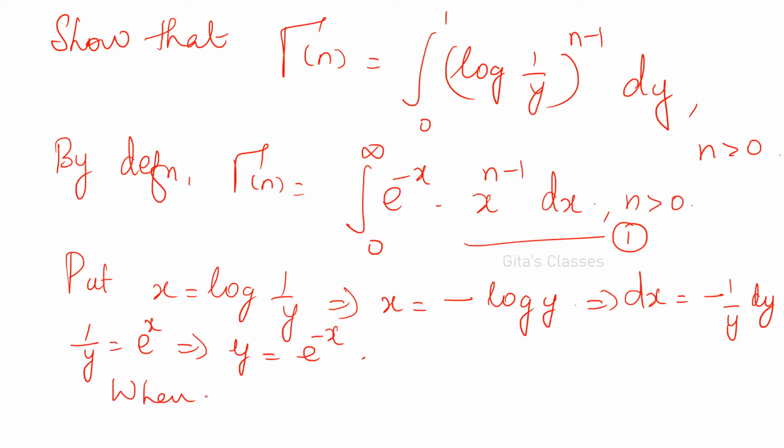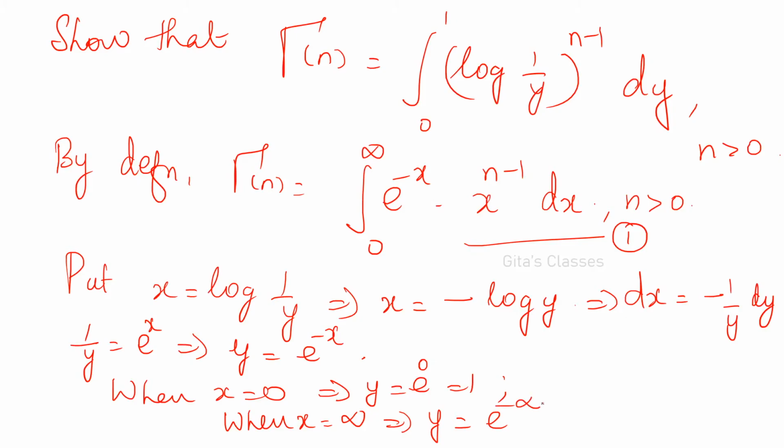So, when x is equal to 0, y will be e power 0, which is 1, right? When x is equal to infinity, y is equal to e power minus infinity, which will become 0. Now substitute all these values in equation number 1.